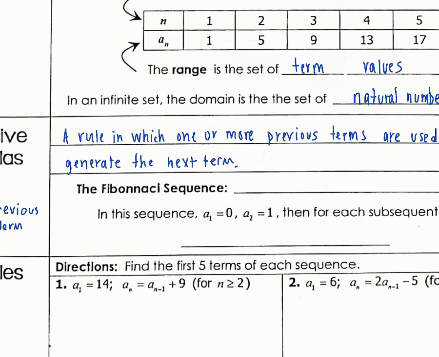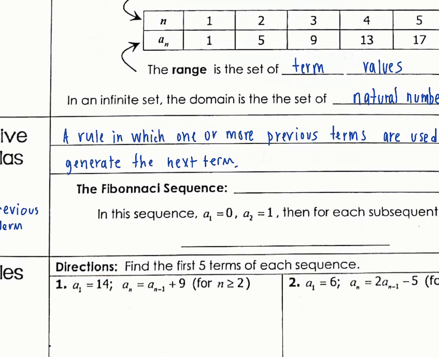Alright, y'all got this written? So here's the deal with what we call recursive formulas. Recursive formulas have to call on the previous term in order to find the next term. Look what it says: a rule in which one or more previous terms are used to generate the next term. For example, go back to that sequence above.